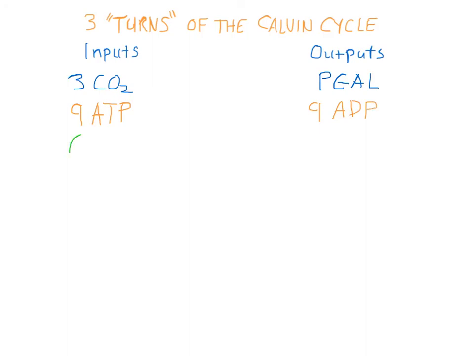And the energy from the 6 NADPH is used to drive the Calvin cycle and their leftovers have to go back to the light reaction.